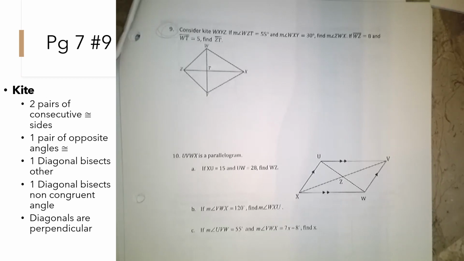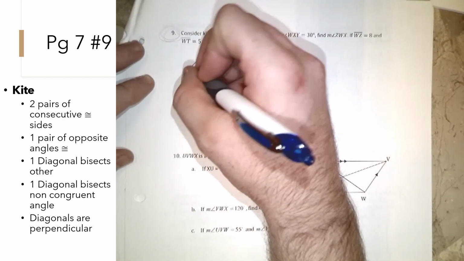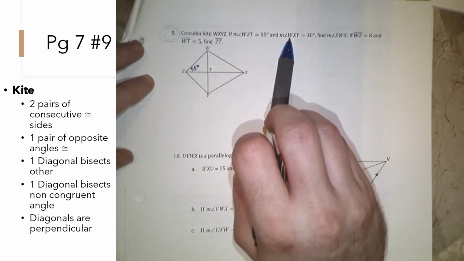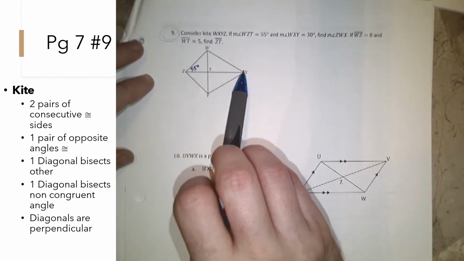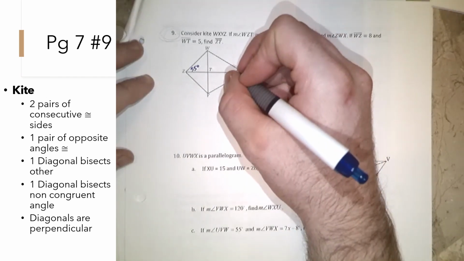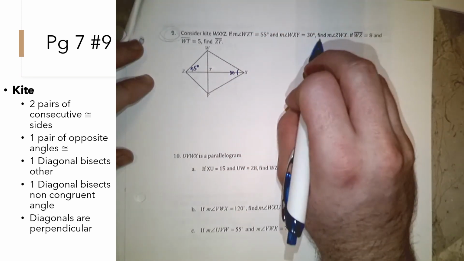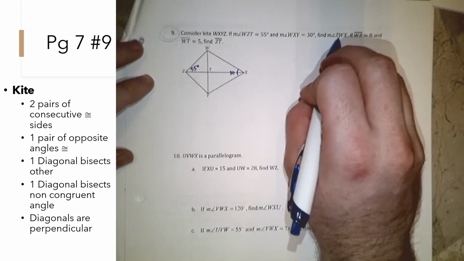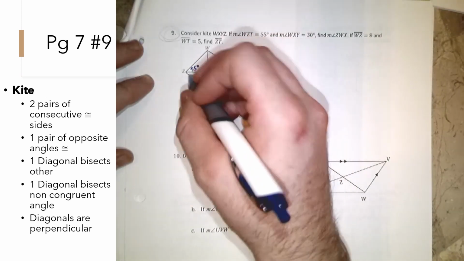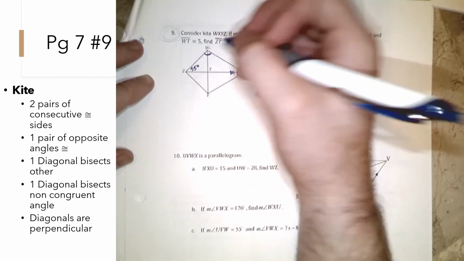If the measure of angle WZT, so this angle right here, is 55 degrees, and angle WXY is equal to 30 degrees, find the measure of angle ZWX. So ZWX, we're trying to find this angle here.